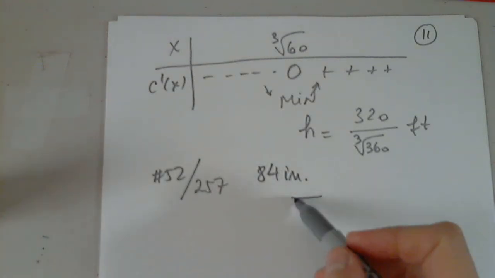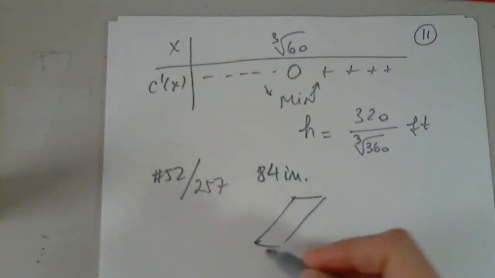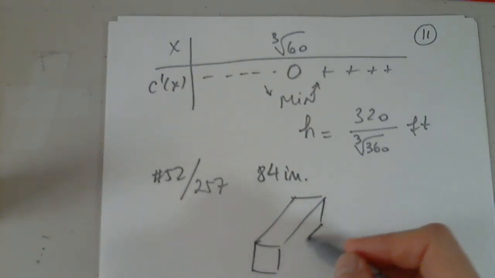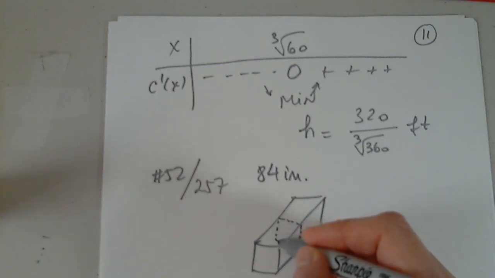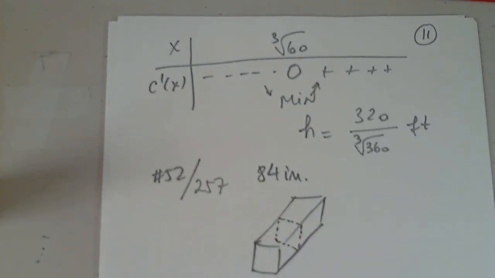So this is again a rectangular box. And here's the cross section, and that is a square, which means the sides of the end are also squares. The box with square cross section will contain the largest volume that can be mailed.